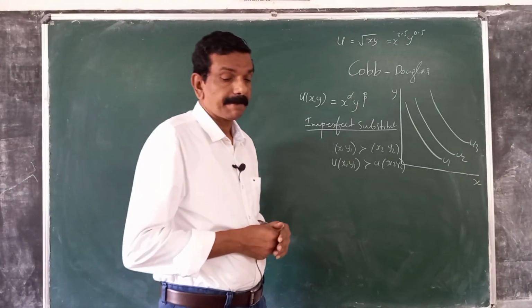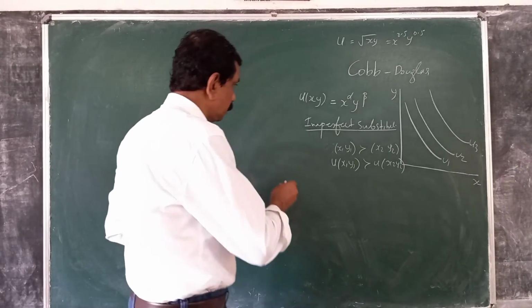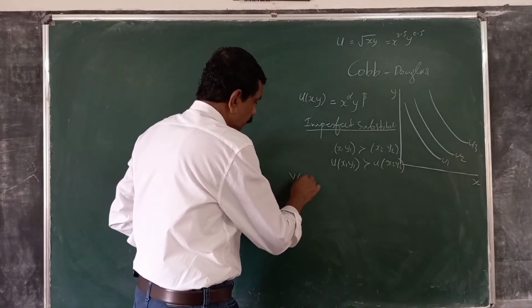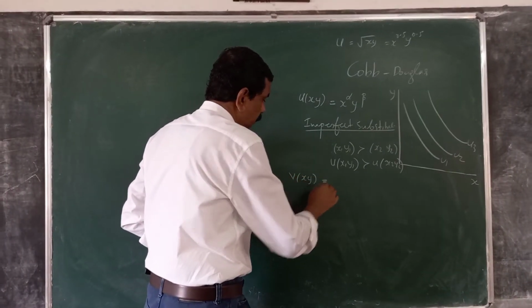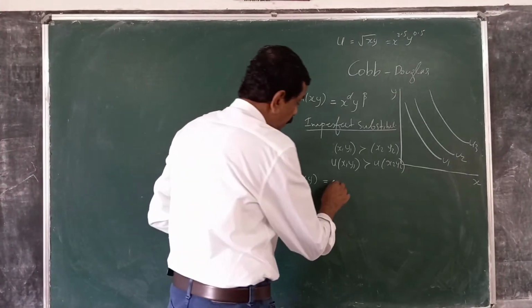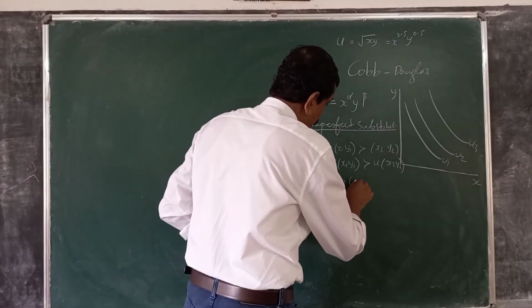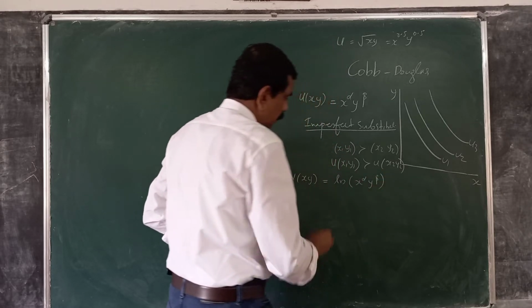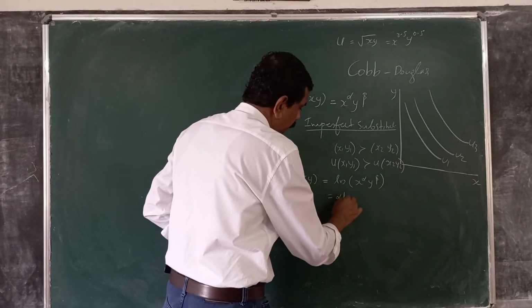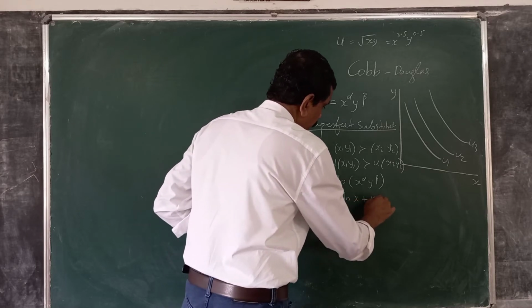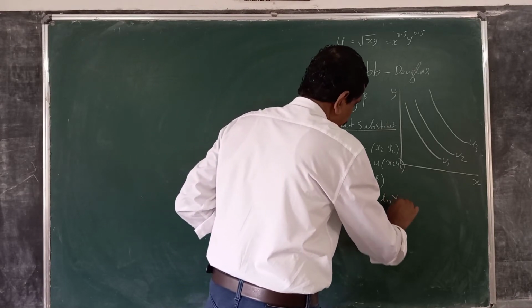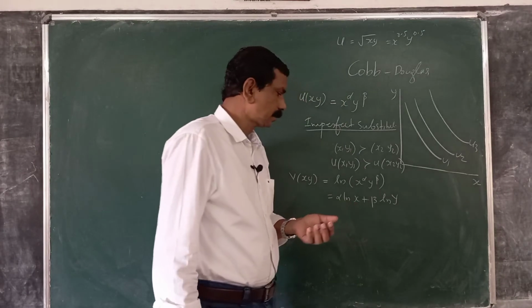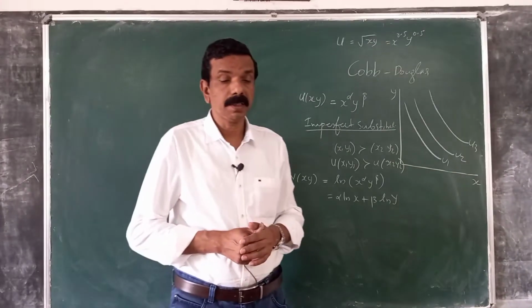Suppose that we take the log v(x,y) of u(x,y), which is ln of x raised to alpha y raised to beta, equal to alpha ln x plus beta ln y.